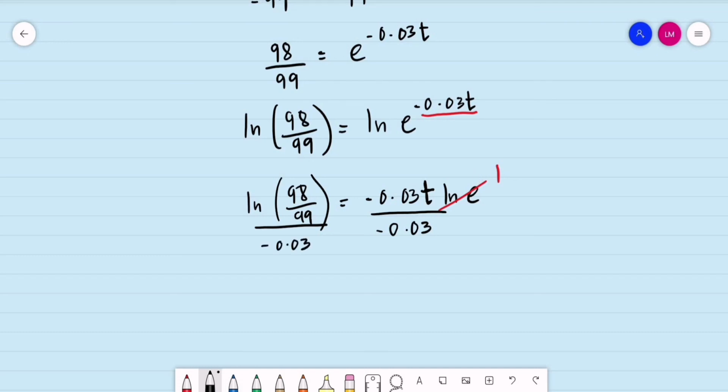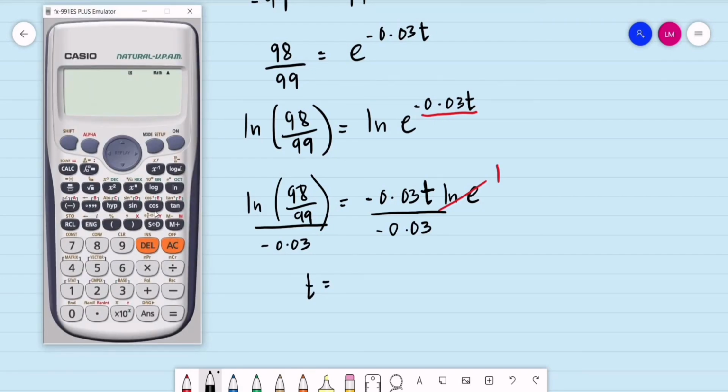So the time will be equal to the ln of 98 divided by 99, divided by negative 0.03.